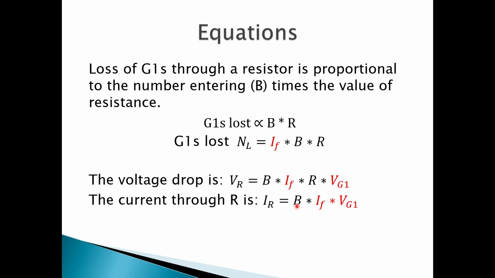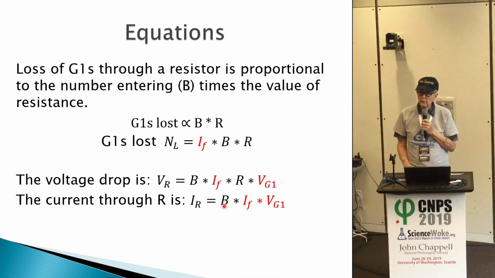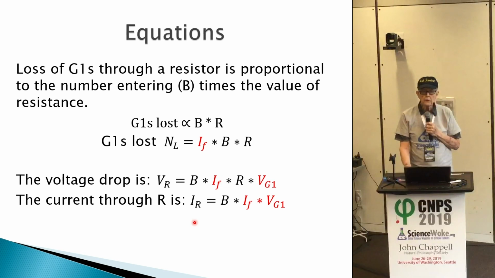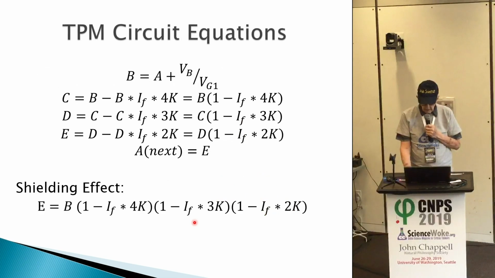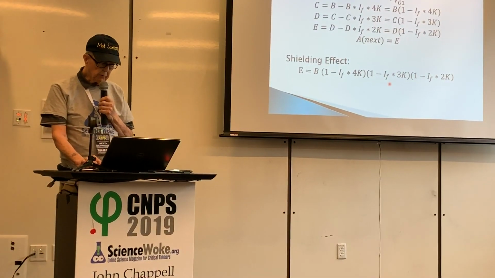The items in red are two numbers I don't know. Two numbers that we need to find out. I would hope to get numbers for them. For the time being, I make an assumption of what they are so I can do an evaluation and see how this works. So these are the circuit equations that I implement in a spreadsheet.